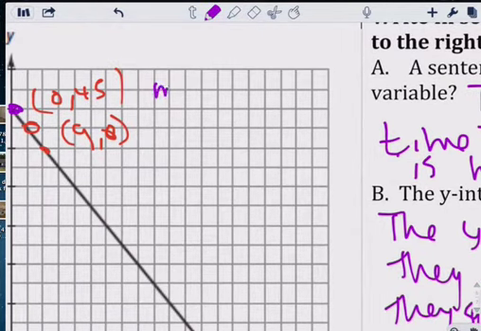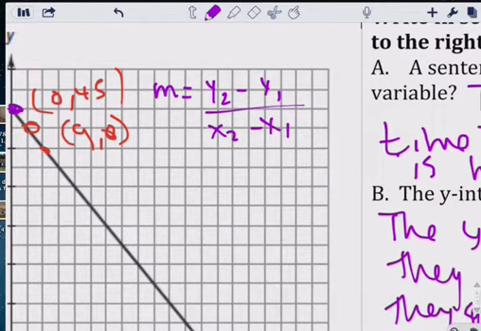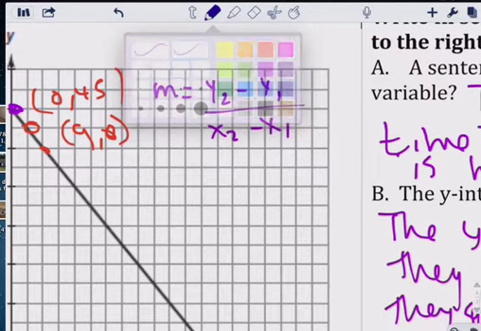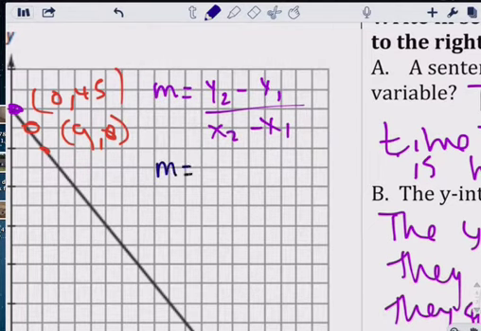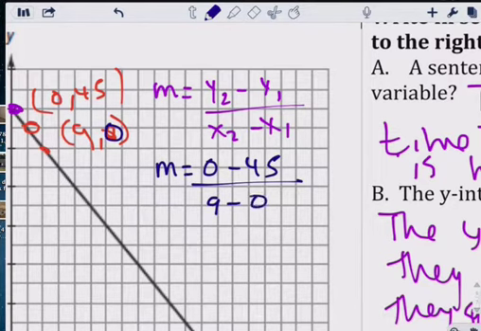Okay, the slope is y2 minus y1 over x2 minus x1. Alrighty, so slope is 0 minus 45, and 9 minus 0.